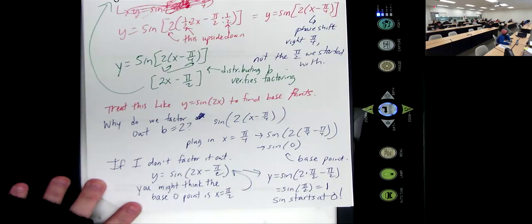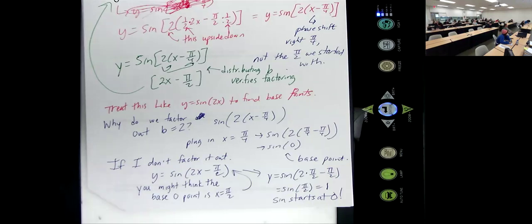So using the default way it's set up isn't gonna make graphing very easy. By factoring out the 2, you can see exactly where your graph starts at. That's the shift. Does that make sense? Yeah.